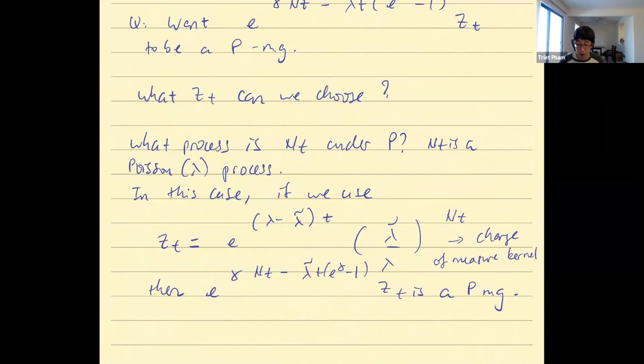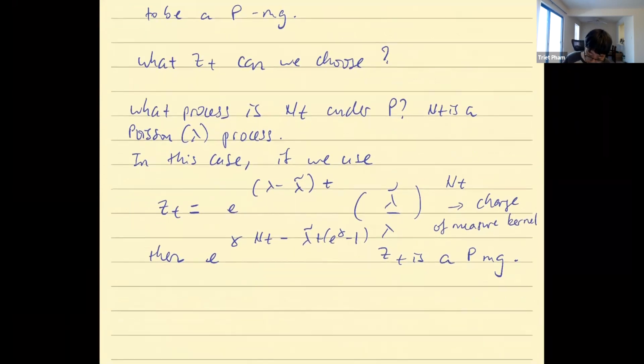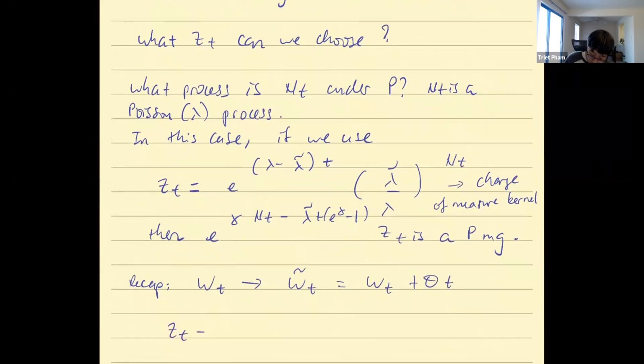All right. So to recap, for a Brownian motion, to change to W tilde, which is Wt plus theta times t, the change of measure kernel is e to the minus theta Wt minus 1/2 theta squared times t.